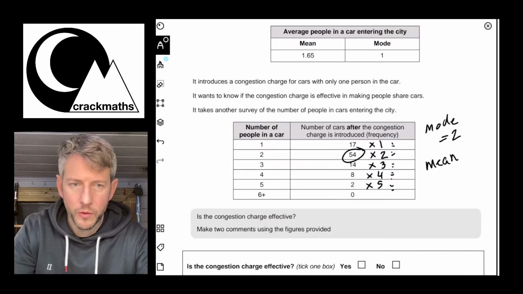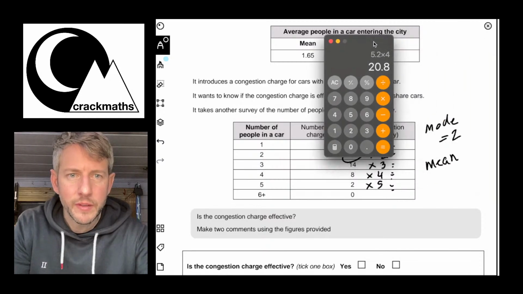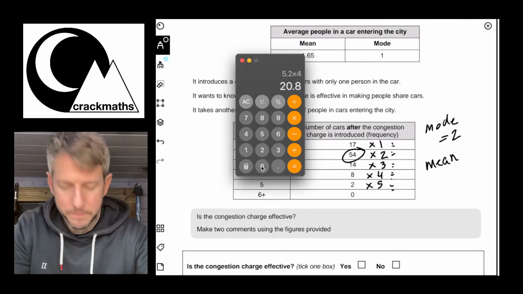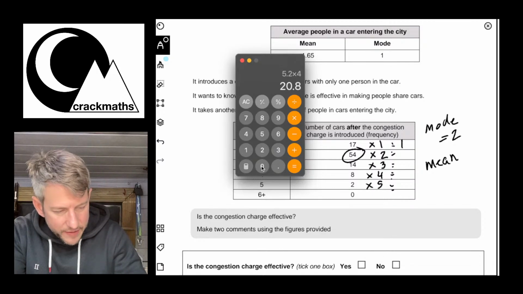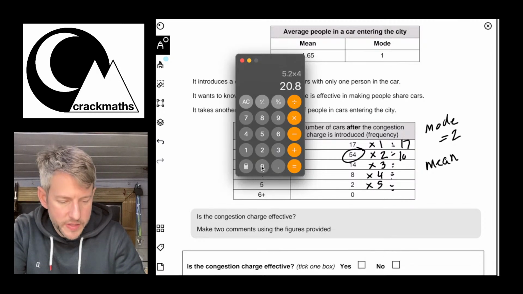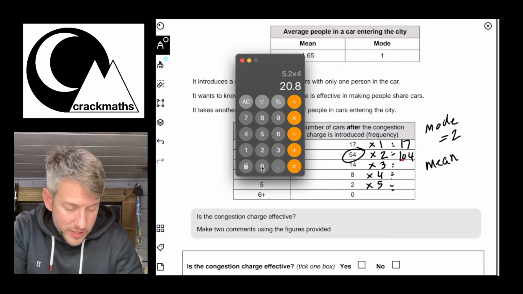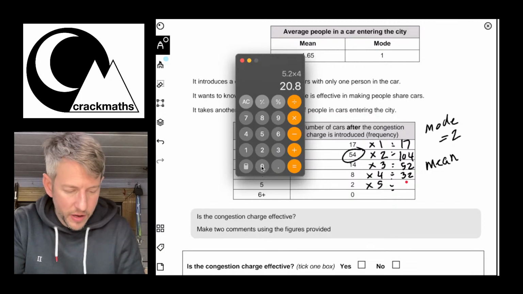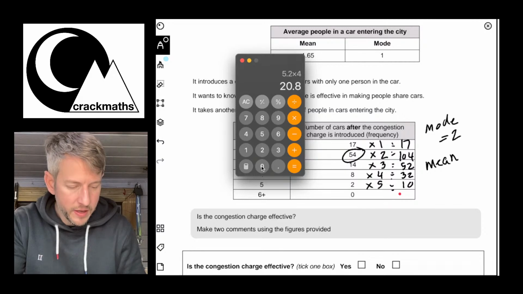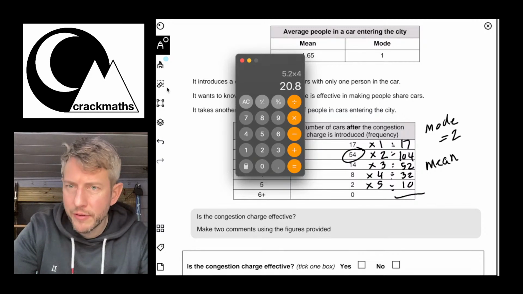So let me get out my calculator. So here we go. Well, 17 times 1 is 17. 54 times 2 is 104. 14 times 3 is 52. 8 times 4 is 32. 2 times 5 is 10. Okay, and then we can add these all together.